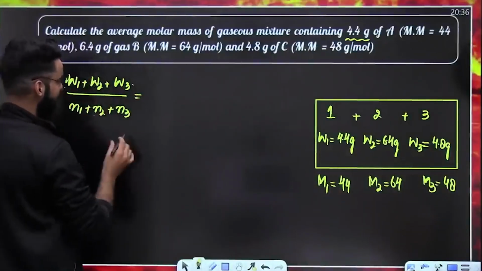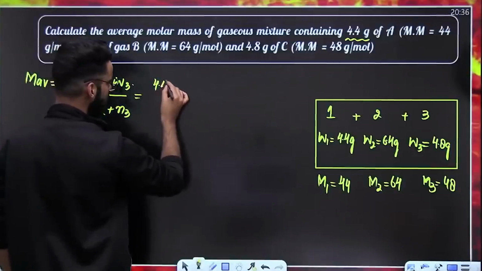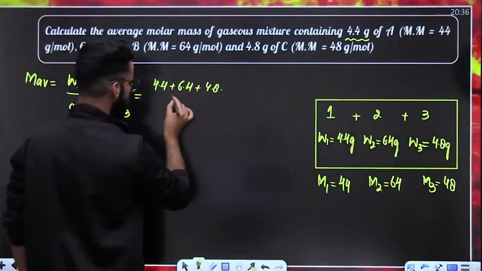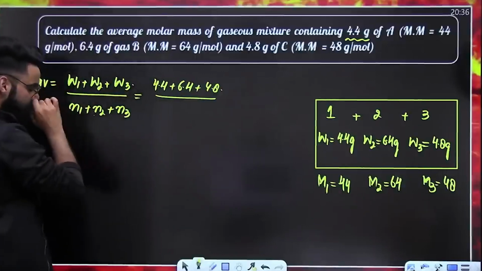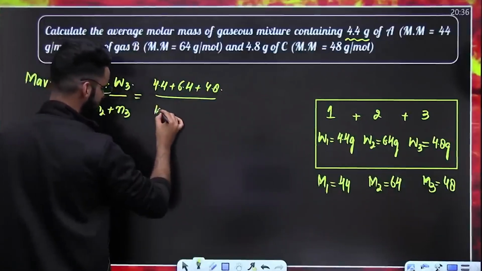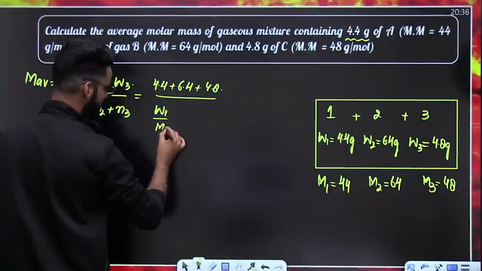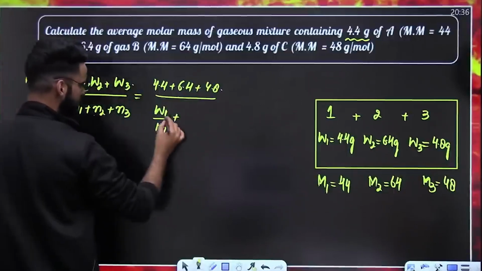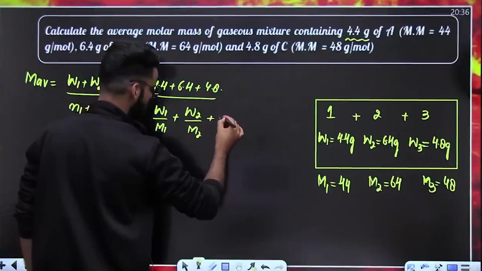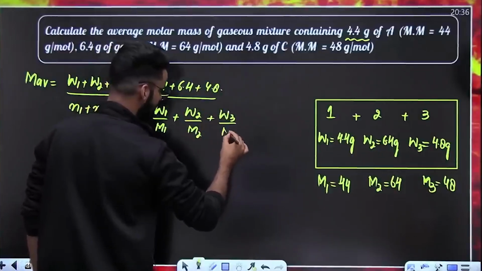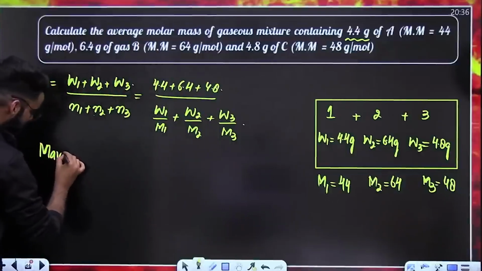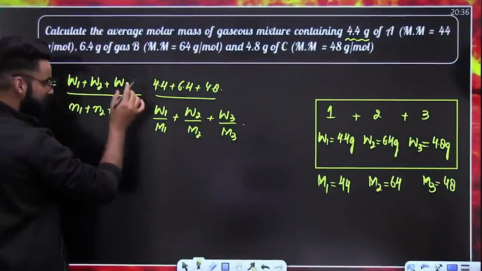W1, W2, W3 are given to me: W1 is 4.4, W2 is 6.4, and W3 is 4.8. What is N1? N1 stands for the number of moles of gas 1 in the container, which is the mass of gas 1 divided by the molar mass of gas 1, plus N2, mass of gas 2 divided by molar mass of gas 2, plus N3, mass of gas 3 divided by molar mass of gas 3. So you can write M average, the average molar mass of the mixture.